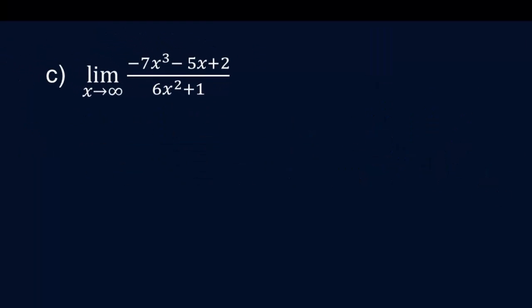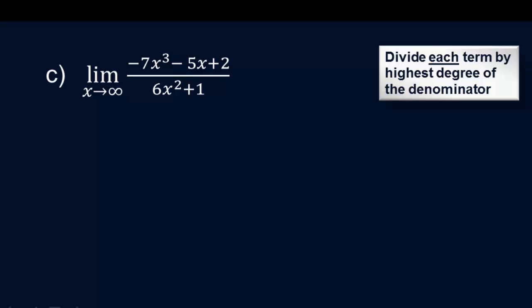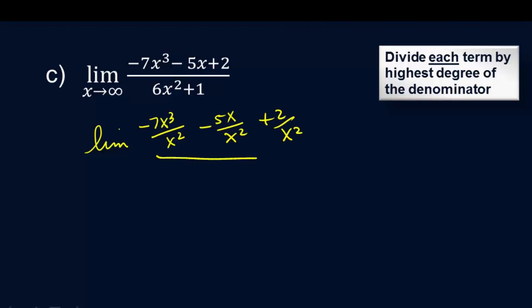How about this last example? Okay, so divide each term by x squared because that's the highest degree of the denominator. So we take the limit of negative 7x cubed over x squared minus 5x over x squared plus 2 over x squared, divided by 6x squared over x squared plus 1 over x squared.